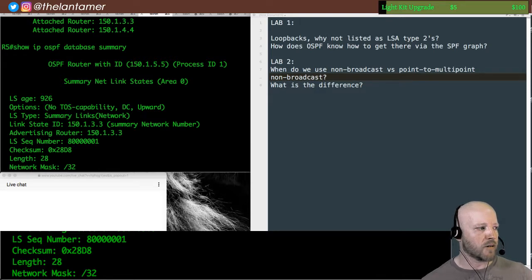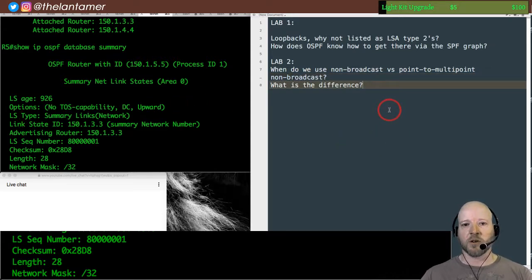However, hopefully tomorrow we'll have some more labs, and we are looking at some more on manipulating the DR-BDR election process. And then maybe even a point-to-point type lab. So all good stuff, all basics.